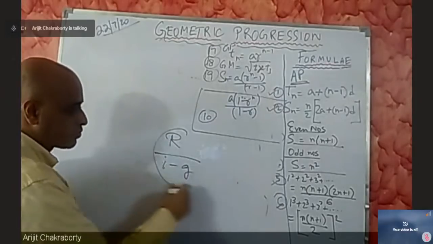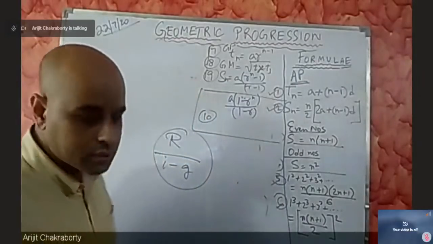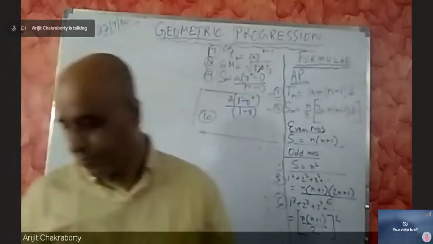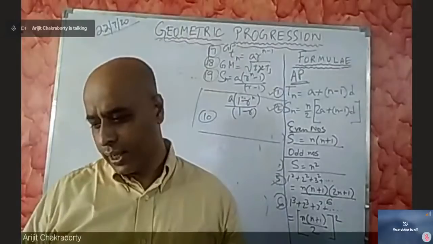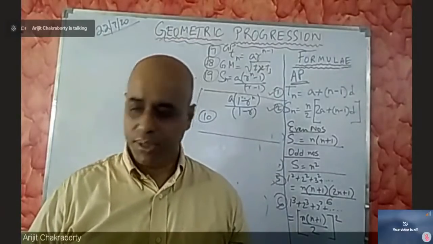And I said that this was an infinite GP series. It was an infinite geometric series. So in this case also, if you have a question like this, there is a case of an infinite GP series which never ends.